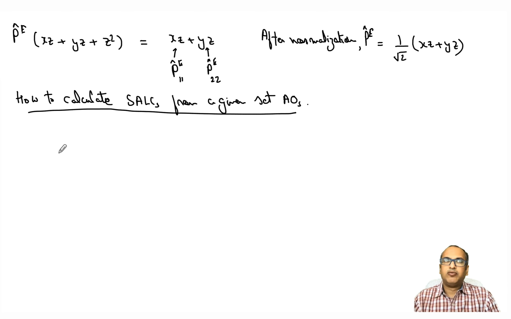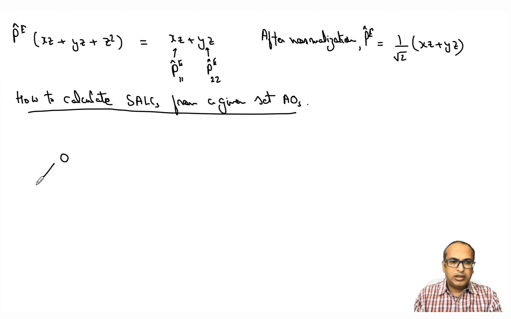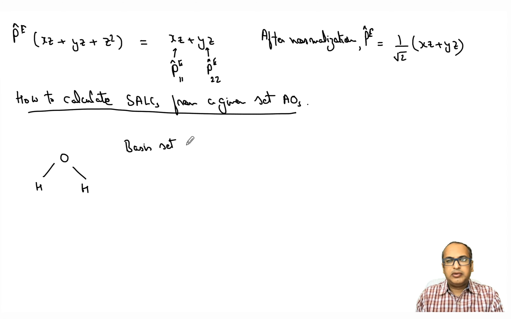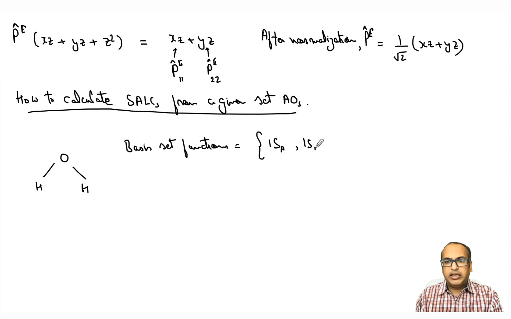Let's take a different example than C3V now. Let's take water, which is easy and we have been working on that. In this case, let us take the basis set functions as 1sA and 1sB, which are the s orbitals of hydrogen.